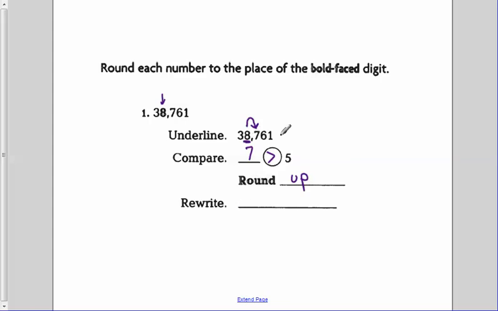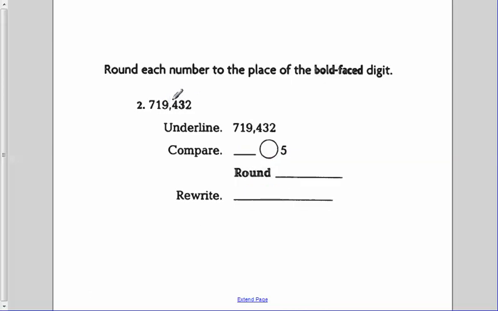So to rewrite this as we have rounded, it's going to become 39,000, because the 8 is what we're rounding to, the thousand place. The 7 to the right of it is greater than 5, so that means we round up. So it should be 39,000.